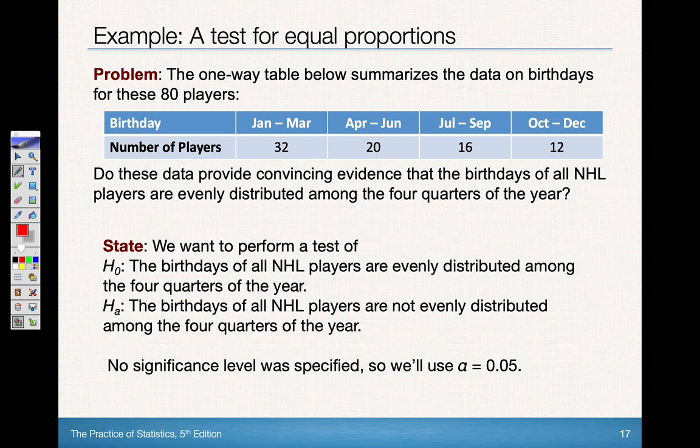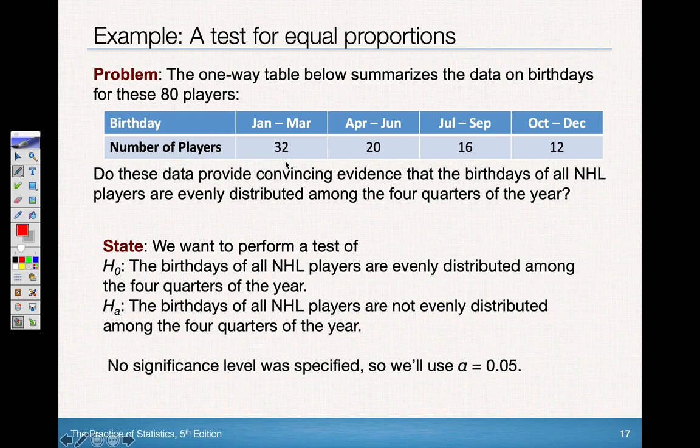It's just that easy every time. It's not going to change how you do your null and alternative hypotheses. Expected counts: before I show you on the next slide, I want you to think. If I had 80 players and we want to know if they are divided evenly or not, how many players would be in each of these 4 quarters of the year if they were so-called even?